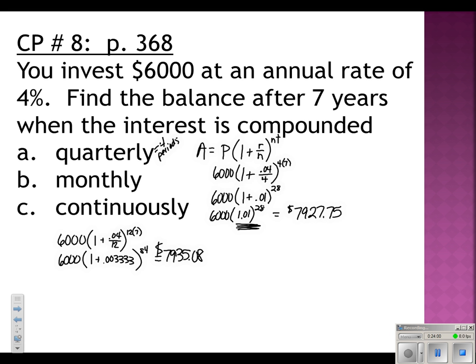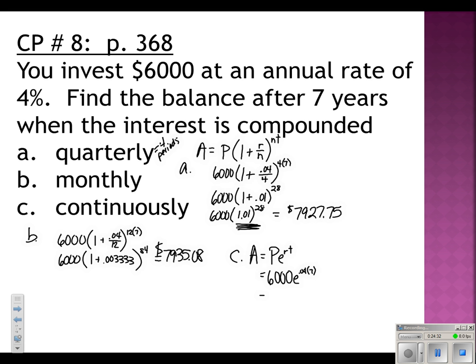So notice compounding it more often, compounding it monthly rather than quarterly, we're making more money. We've got about $8 more than we did the other way. So now make a guess as to what's going to happen if we compound it continuously for C. So that was B, this was A, now let's do problem C. This is that other formula. If it's continuous, we've got principal times e to the rt power. So we have 6,000 e to the 0.04 times 7.